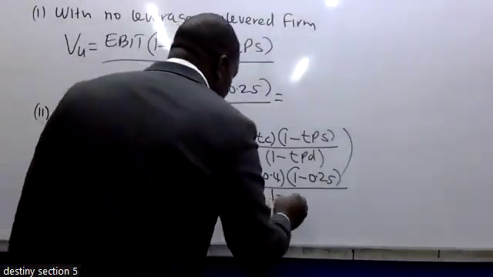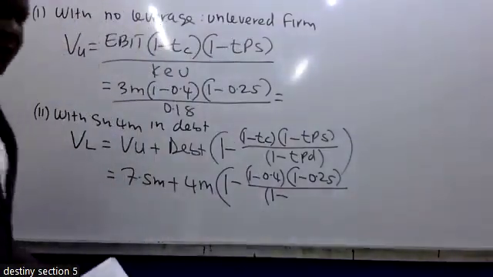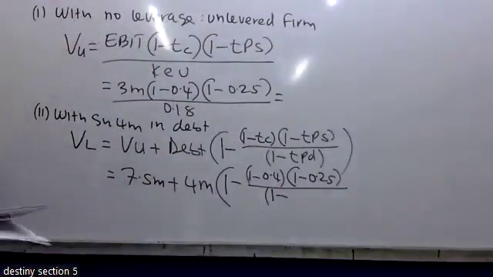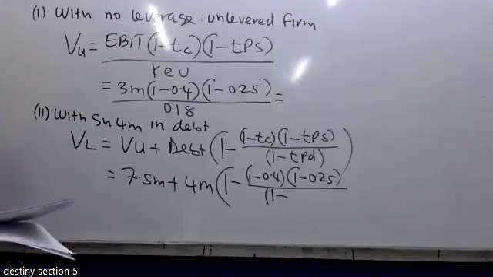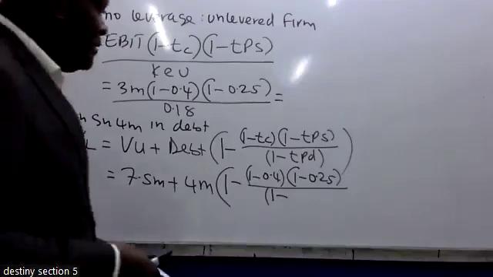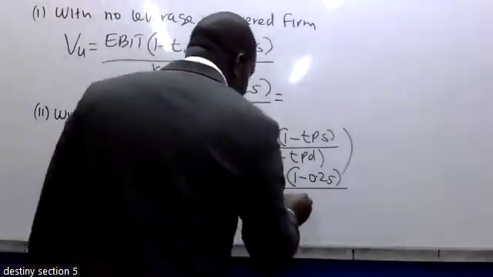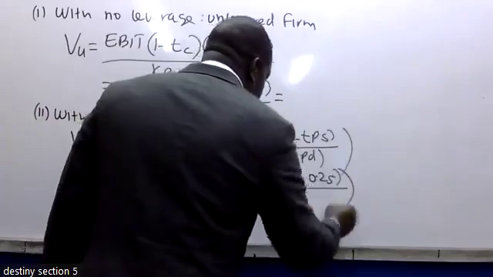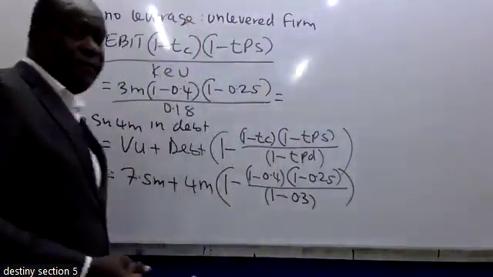Can you check now in the question, in part C, what are we given as the marginal personal tax rate on the debt income? 30%. So 30% is the same as 0.3. So you can have it now like that.